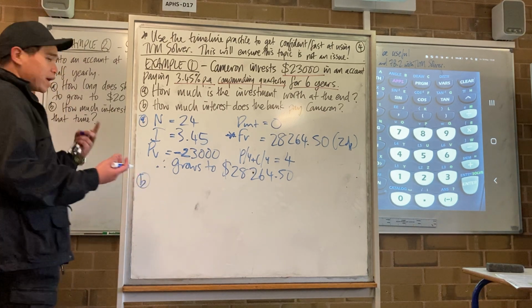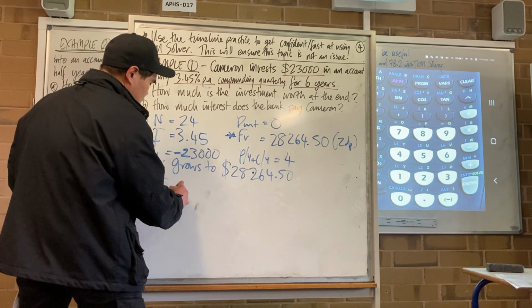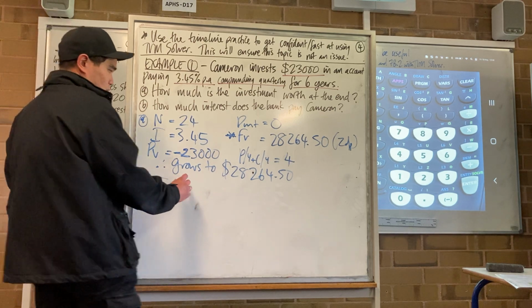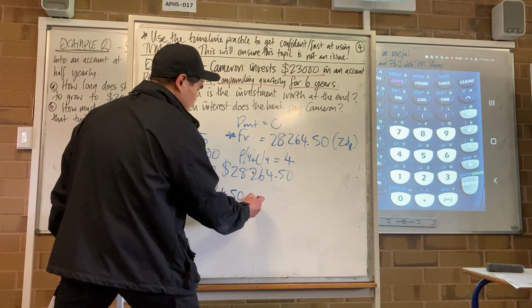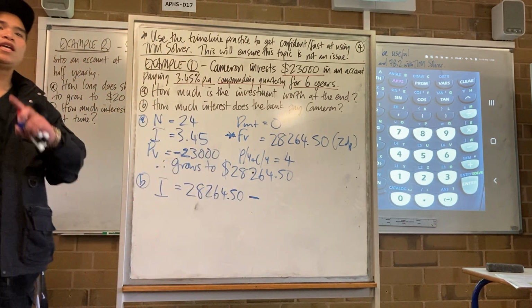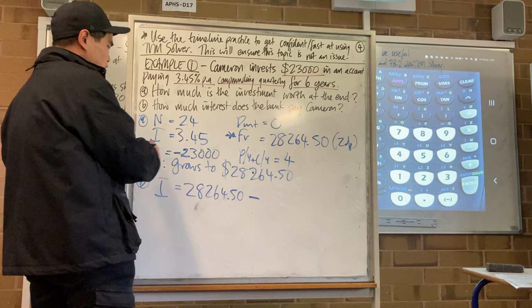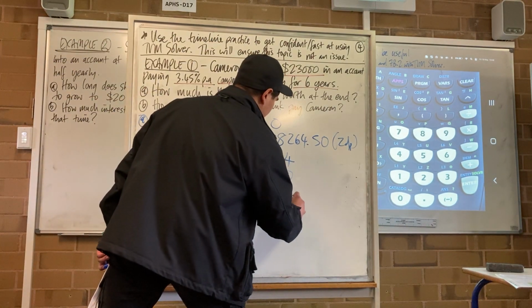B, how much interest does the bank pay Cameron? There's one way to work it out, is that formula that I gave you, that you can think about it. Interest is going to be, did his money grow? So what did it grow to? $28,264.50. Take away what he put in the first place and over time. What did he put in the first place? He chucked in 23,000.